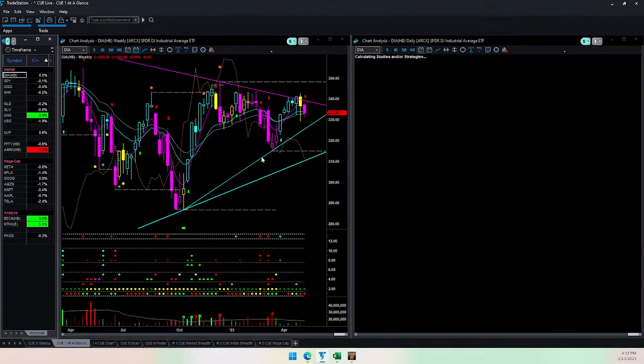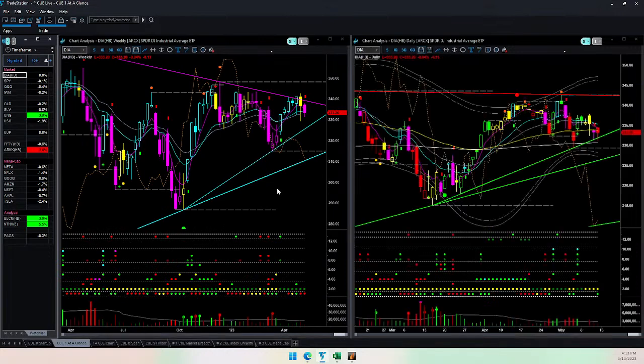And if we look at DIA, that has changed. Both weekly and daily are in bearish color. However, daily inside a triangle very close to the triangle's support, weekly is also inside a triangle some distance away from the triangle support.